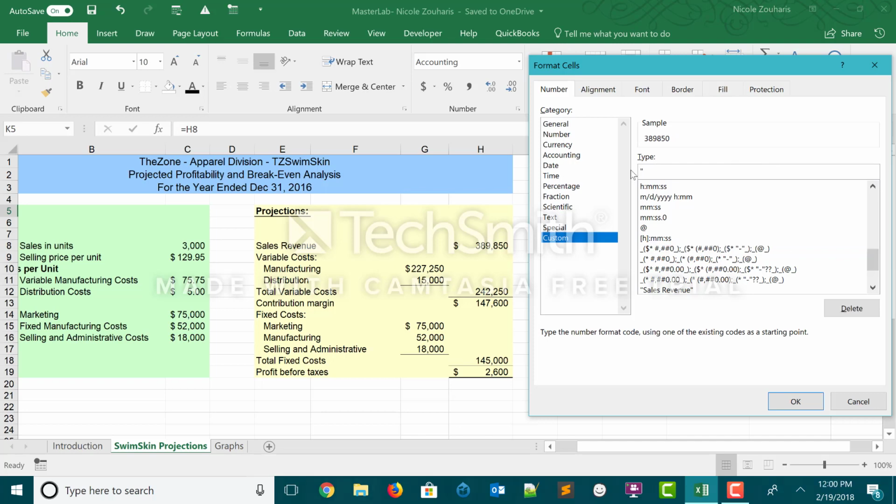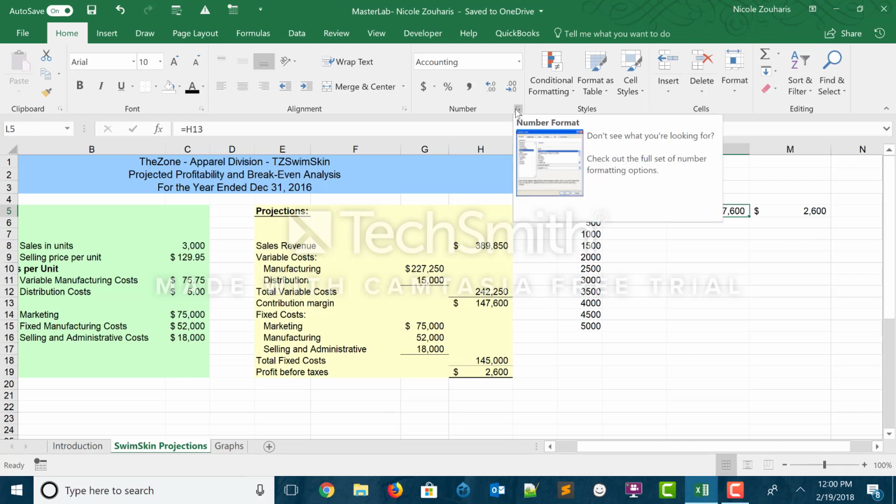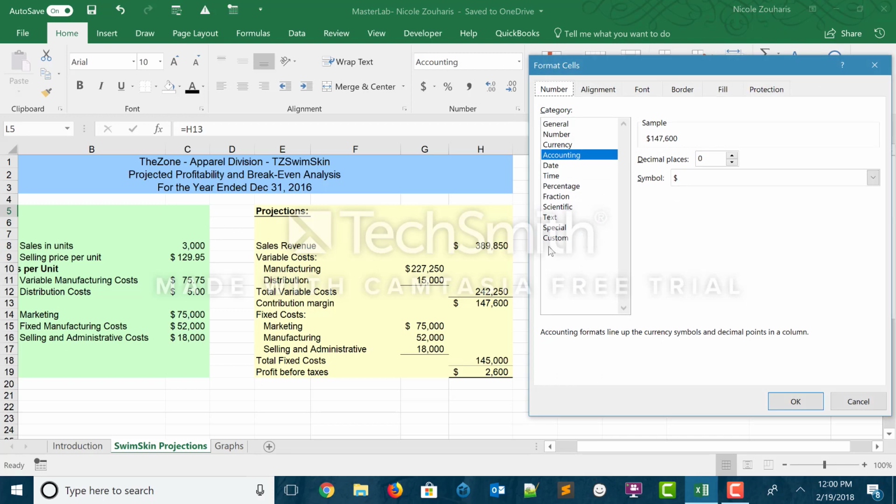You're going to start with an open quote, sales revenue, and press OK. And now your sales revenue number says sales revenue due to custom formatting. I'm going to do the same with L5 and M5, just with contribution margin and sales profit before taxes.